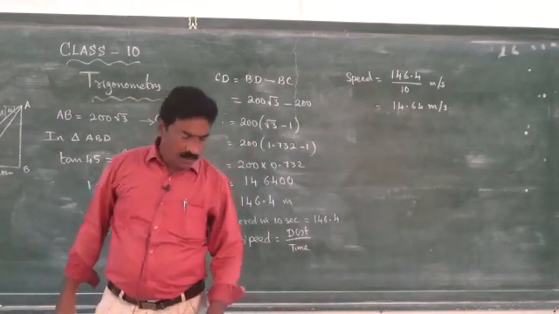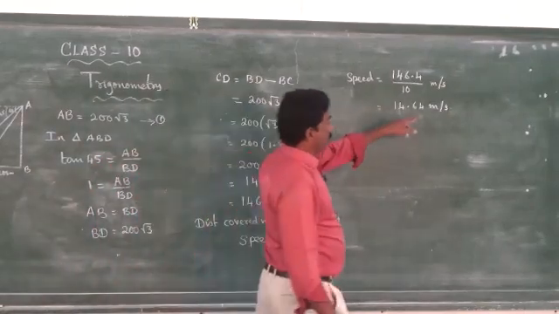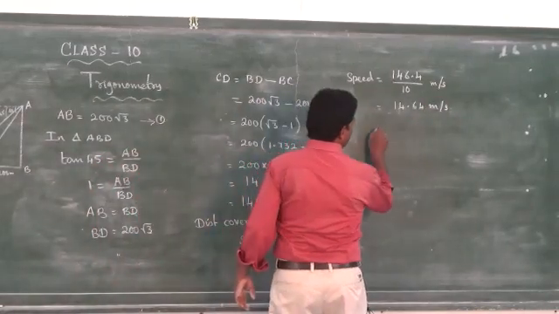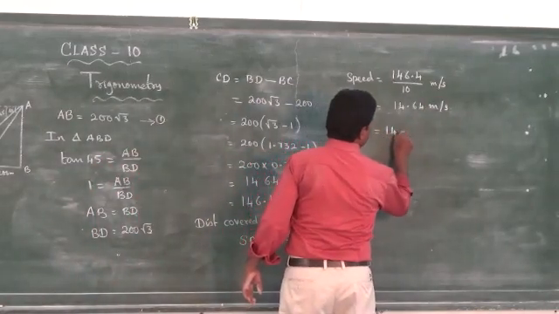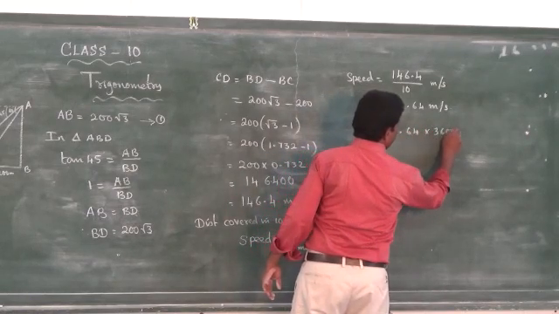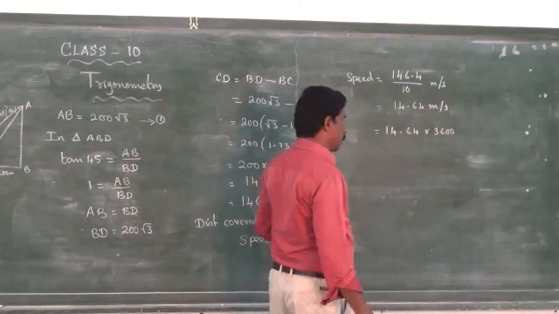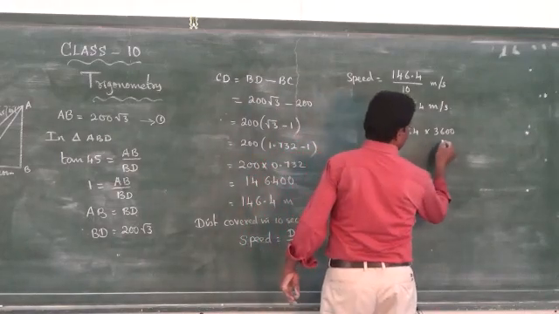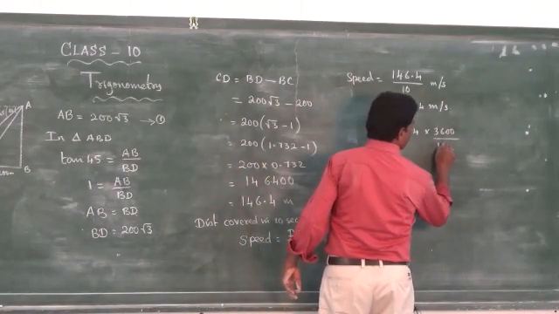So to convert meter per second to kilometer per hour, multiply by 3600, because 1 hour equals 3600 seconds, and 1000 meter equals 1 kilometer.